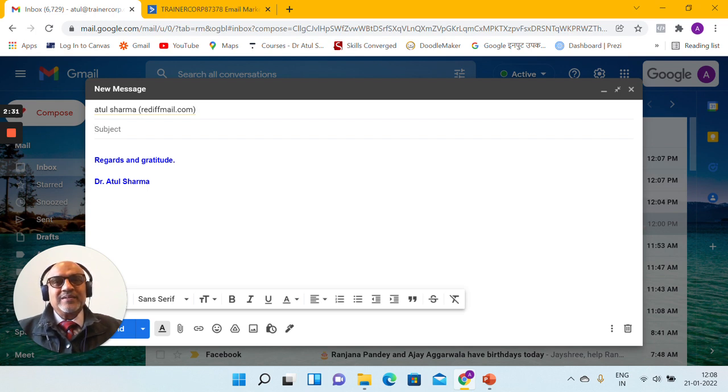Not only is the sender important, but the subject line is very important because these two things will flash in the inbox. The person would be able to see who the mail is from and what the subject of the mail is. And based on the subject, the person is going to accord priority to your mail. So let's create a good subject for this.